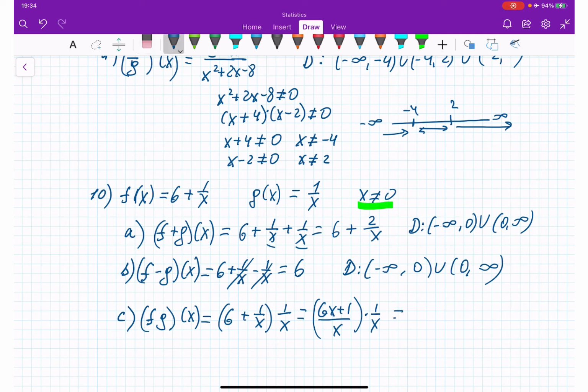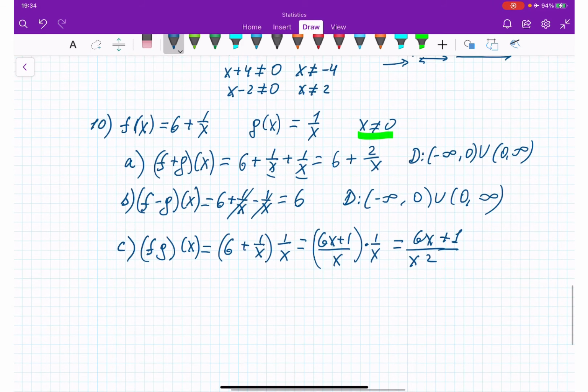Therefore, it's going to be equal 6x over x squared, because we have multiplication. Then denominator multiplied by denominator, numerator multiplied by numerator: 6x plus 1 over x squared.